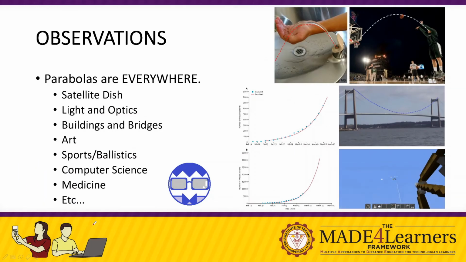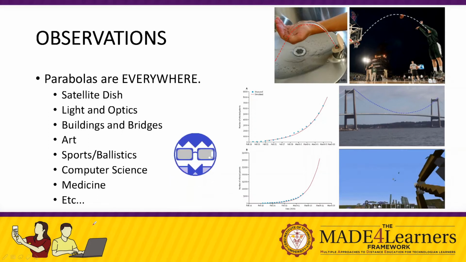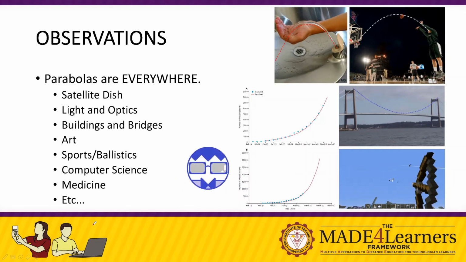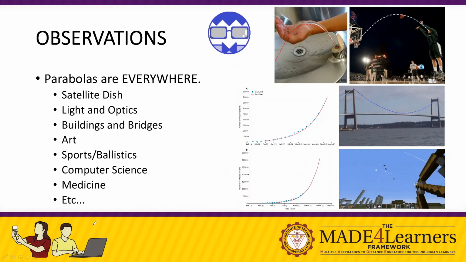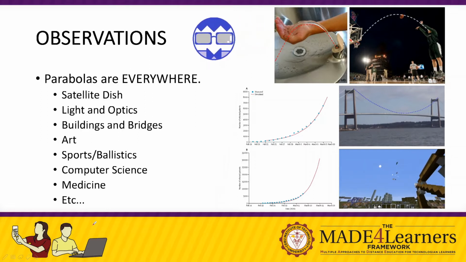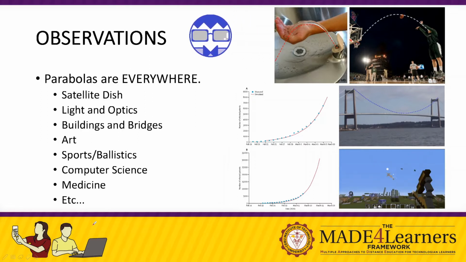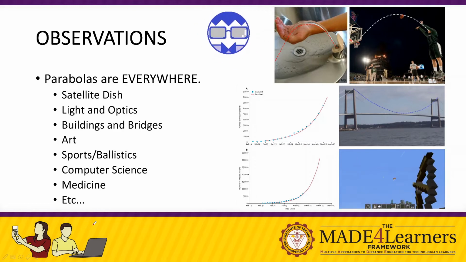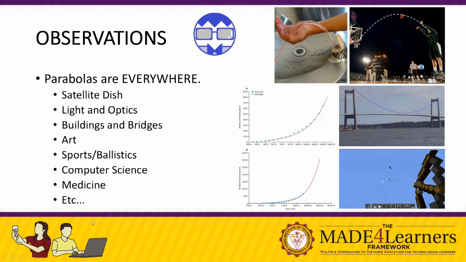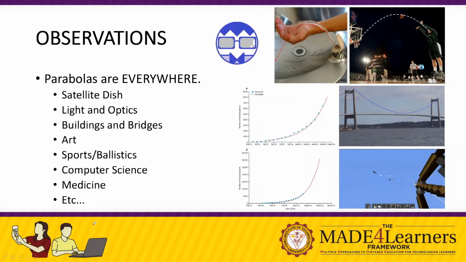Another observation: parabolas are everywhere. When we talk about everywhere, it is actually not obvious because we're not that observant. However, just try to look around and you will see this geometric figure.